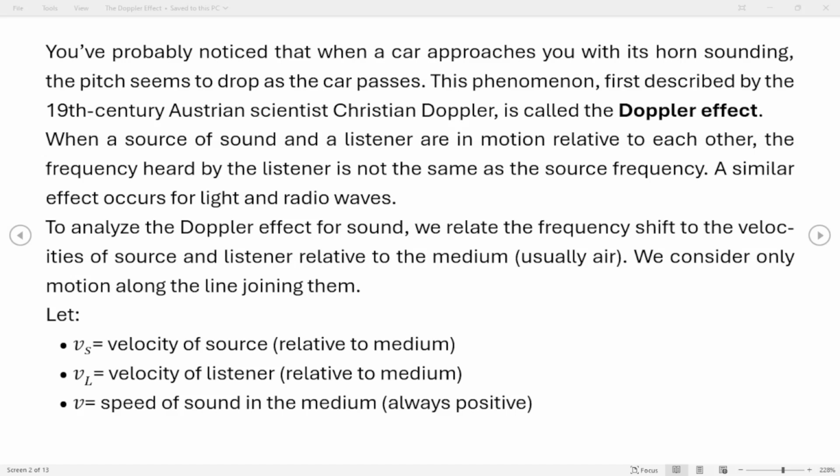But in practice, especially in physics, we use the Greek letter nu to represent velocity. Also, the Doppler effect was first described by Christian Doppler, an Austrian scientist during the 19th century.